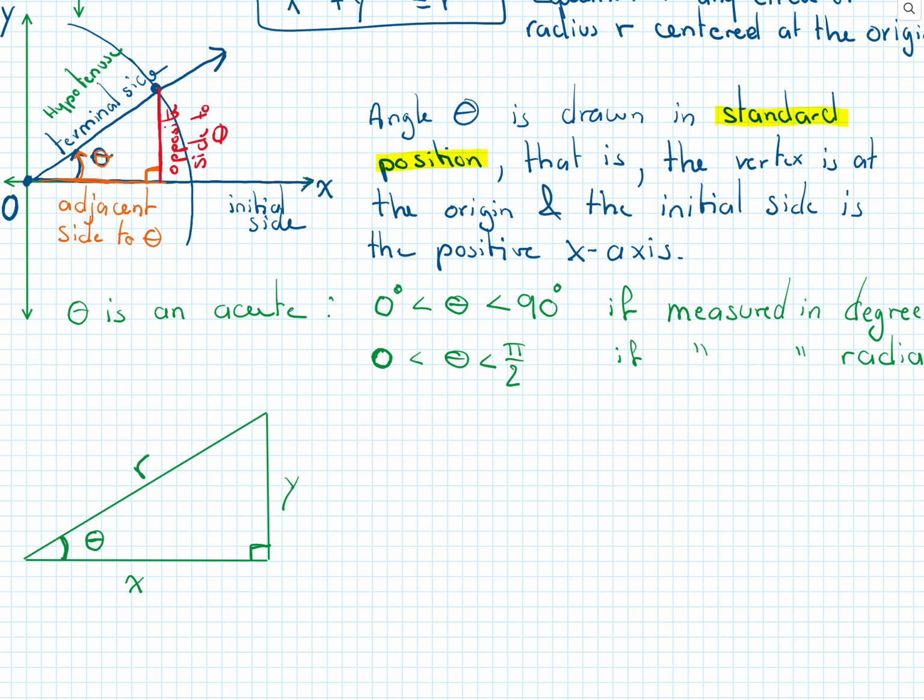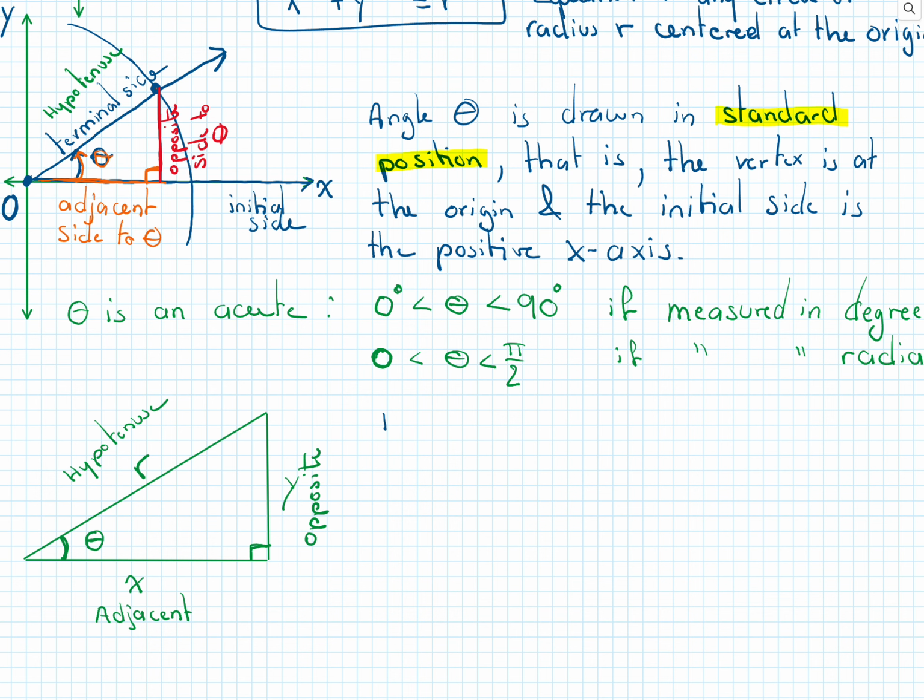So here is just that right triangle reproduced outside of that Cartesian plane, so we can see it better so it's not too messy. We have our adjacent side, and remember this is always in respect of that angle theta. We have the opposite side, opposite to angle theta, and then the side opposite to the right angle is always going to be your hypotenuse. All right, and now recall from geometry the trigonometric ratios.